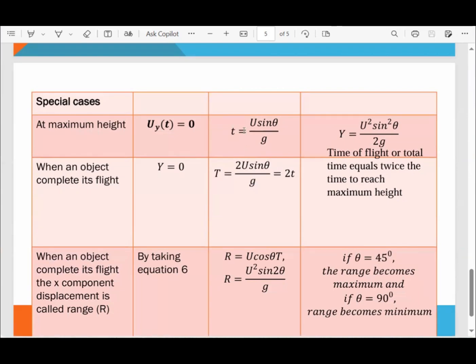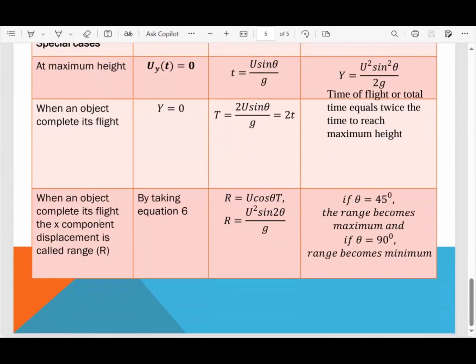There is a relationship between the time to reach maximum height and time of flight. From these two relations, what we understand, time of flight is equals to twice of the time to reach maximum height. Again, the maximum displacement or the maximum height can be calculated by the initial velocity square sine square of theta over twice of g.